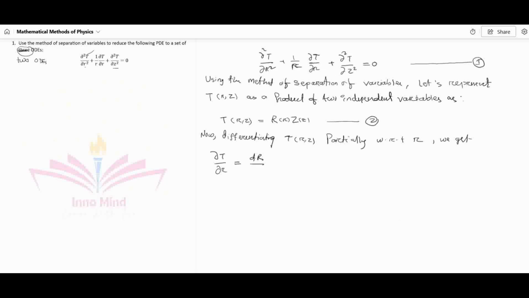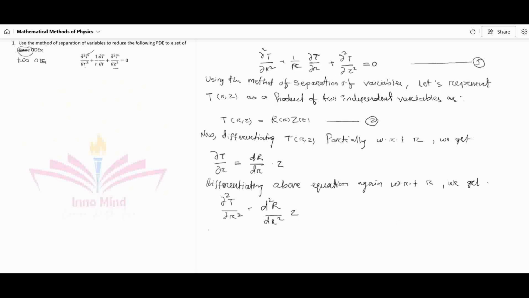We will obtain dR by dr into Z. Okay, differentiating again with respect to r, we get del square T by del r square is equal to d square R by dr square into Z. So this we get by differentiating R(r) Z(z) partially with respect to r twice.